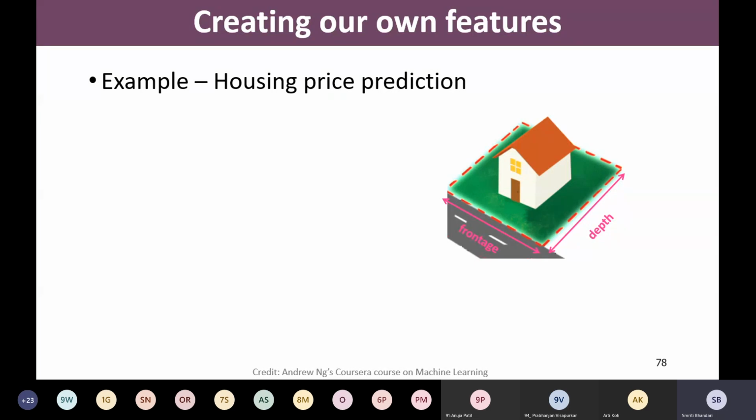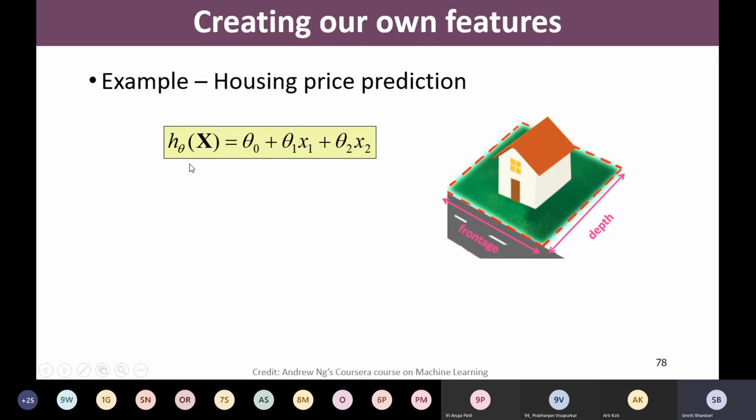Whatever we have learned so far, we may come up with a hypothesis wherein we treat frontage and depth as the two features, and we get a multiple regression of this kind.